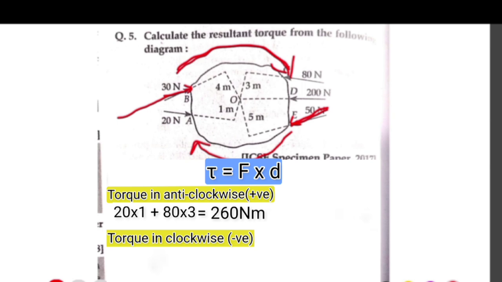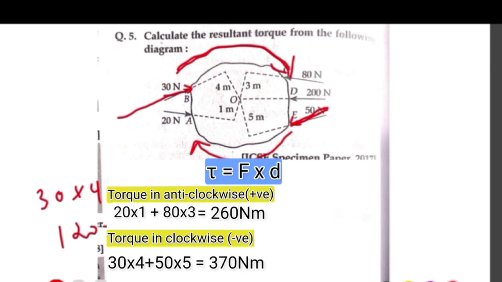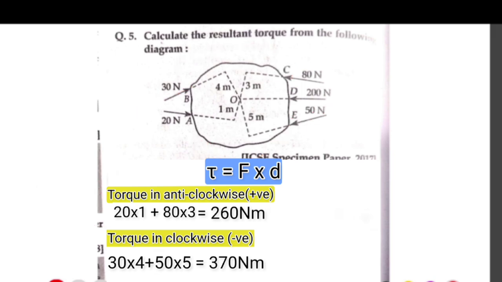So we can calculate the clockwise moment, which is 30 multiplied by the perpendicular distance 4, plus 50 multiplied with the perpendicular distance 5, which will be 120 plus 250, that is 370 Newton meter in the clockwise direction. Since the clockwise moment is taken as negative, you can put a negative sign. So here the moment due to the clockwise forces is minus 370 and anti-clockwise is plus 260.